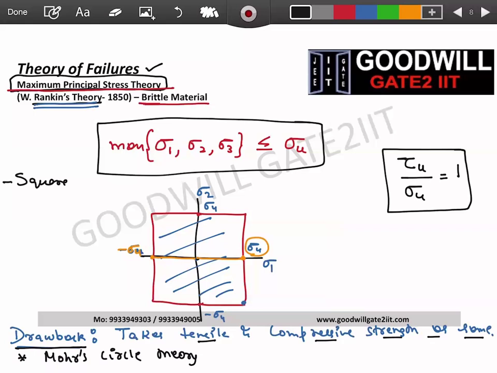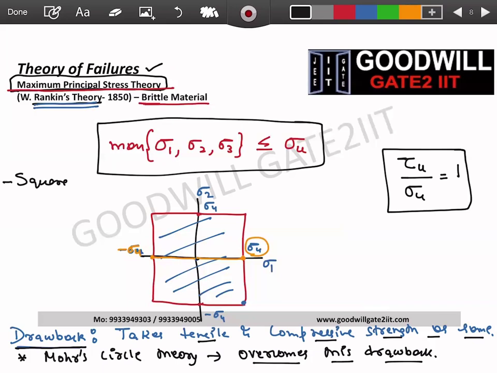But you will study this theory, as I told you, in advanced elasticity in your IIT first semester course. This is the theory which overcomes this drawback, and it actually takes into account that a body will fail easily in tension in comparison to compression bodies.